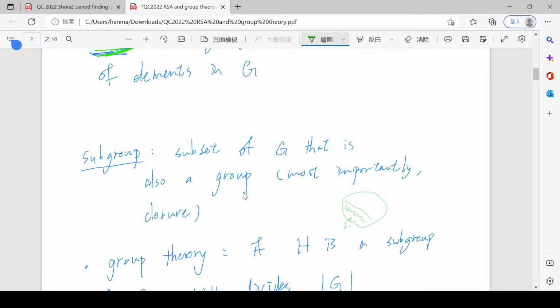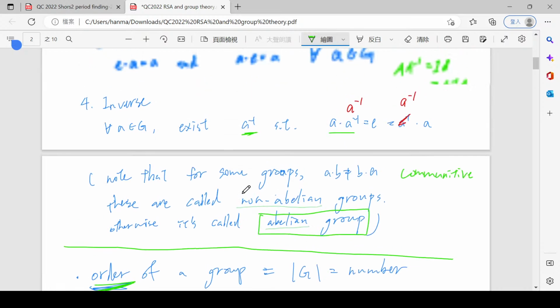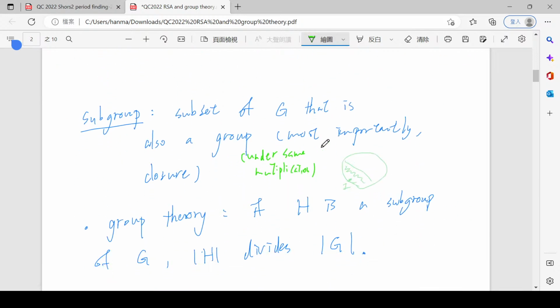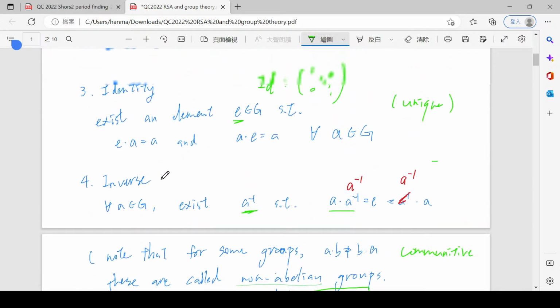We didn't say it, but the identity is going to be unique in a group. In terms of a subgroup, this means the subgroup is also a group, so the identity must be inside your subgroup.